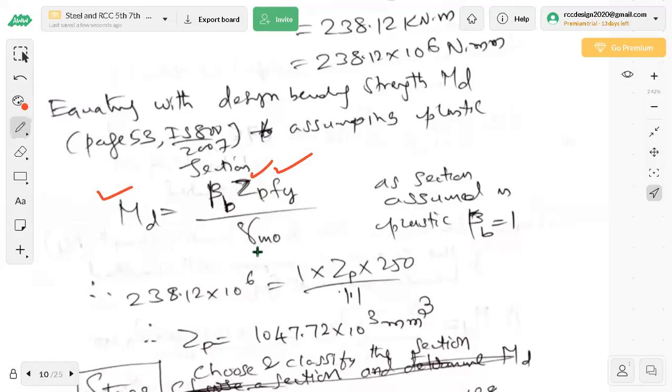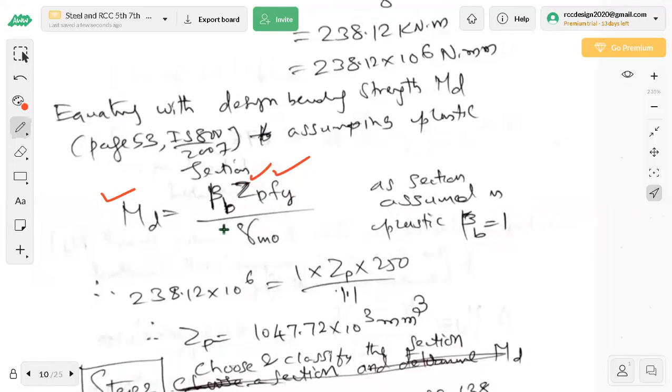When you move from analysis to design, strength of materials is an analysis subject actually. In strength of materials, what formula have you studied? Moment of resistance is a product of bending stress into section modulus. It is a product of bending stress Fy into section modulus Z, or sigma into Z.